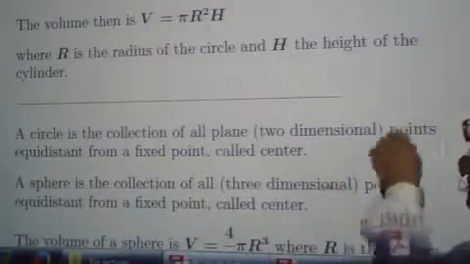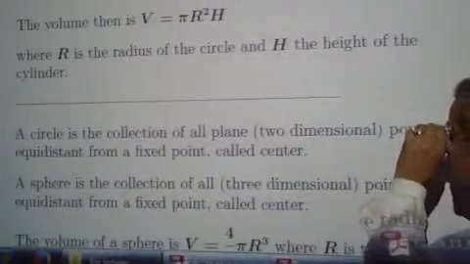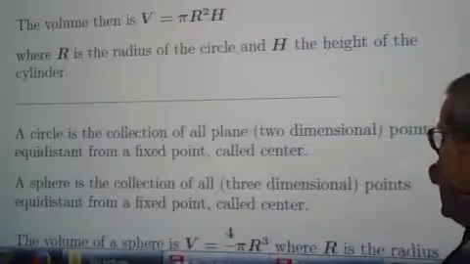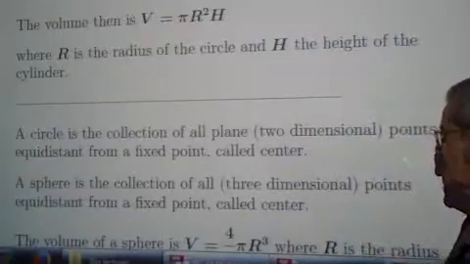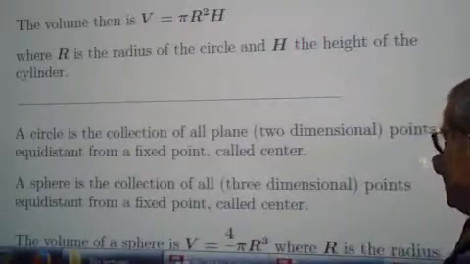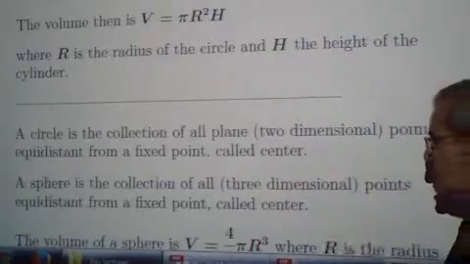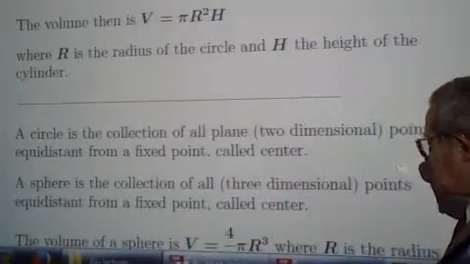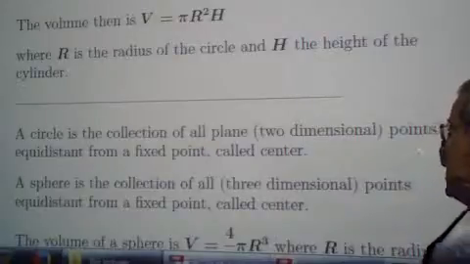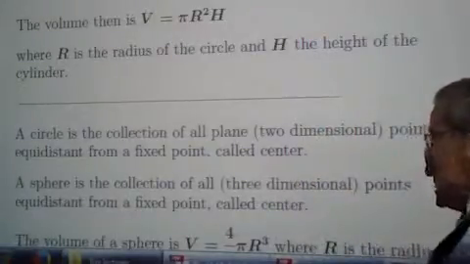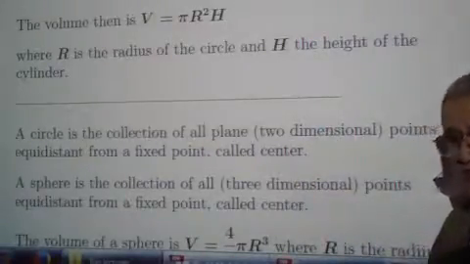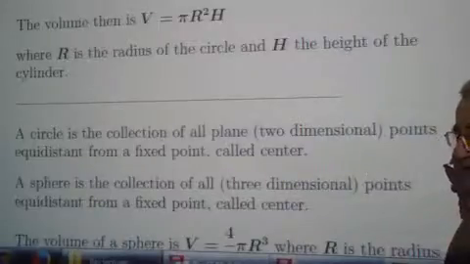A circle is a collection of all the points in the plane, in two dimensions, equidistant from a fixed point called the center. A sphere is a collection of all points in three dimensions equidistant from a fixed point called the center. So the circle and the sphere are essentially the same. One is two-dimensional, one is three-dimensional. That's the only difference.